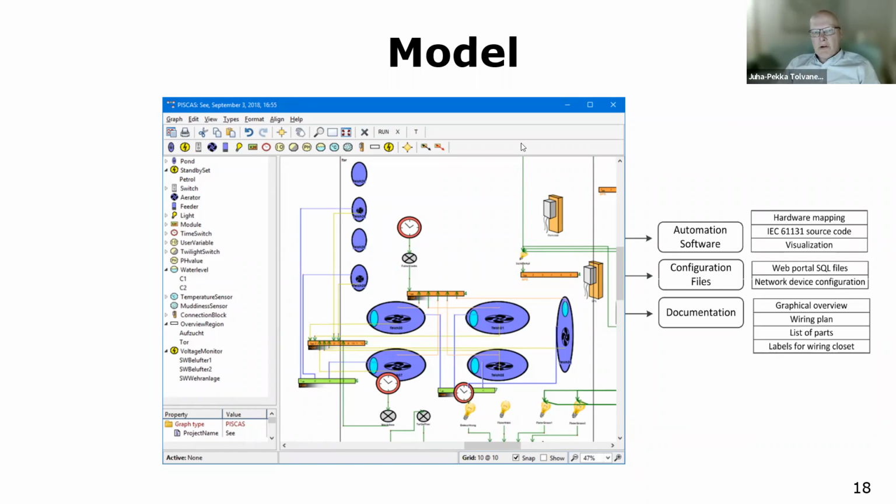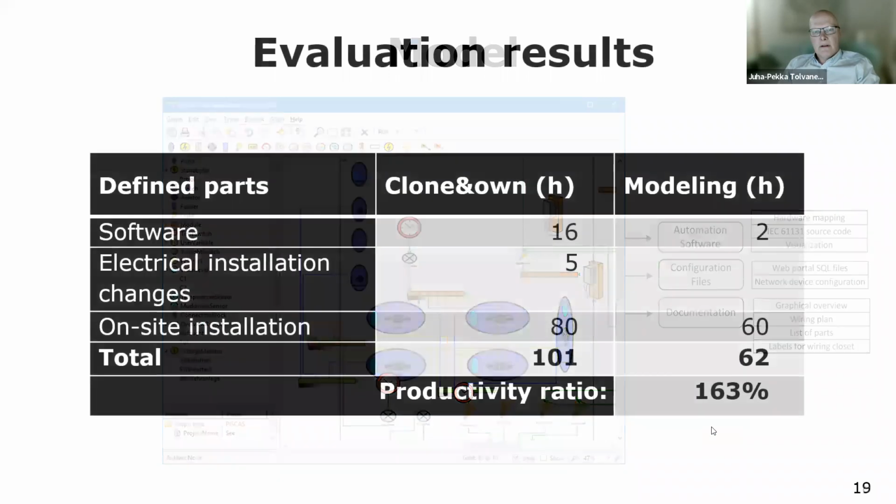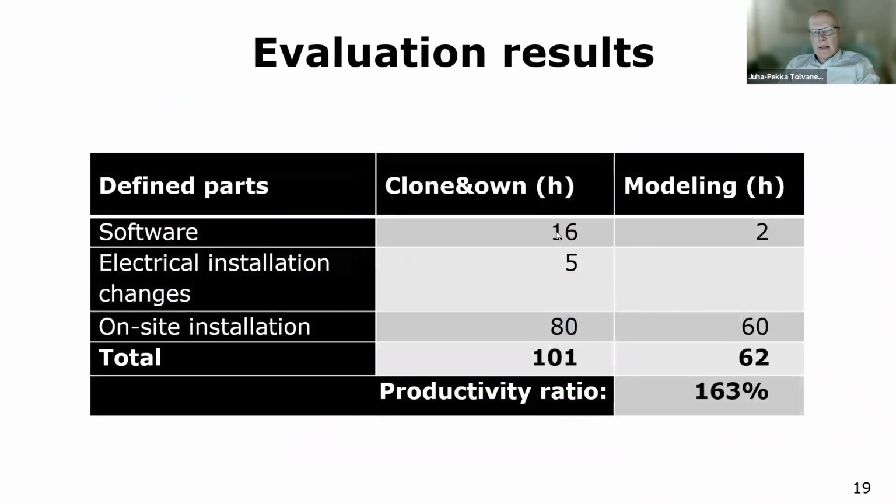And they also measured the productivity difference here. So they built the same real system twice, and then they compared it. And they found out that building a model, which you saw earlier, for a fish farm took two hours compared to writing the code, which took 16 hours.